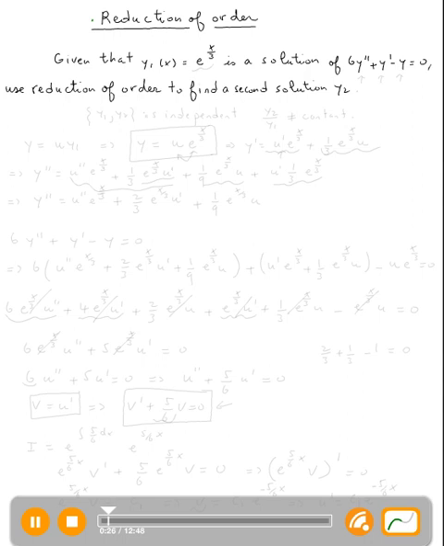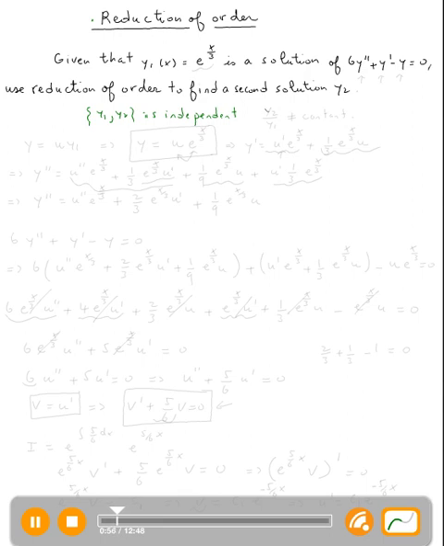Of course, we're seeking a second solution such that we want y1 and y2 to be independent. Since y1 and y2 are independent, y2 cannot be written as a number times y1.